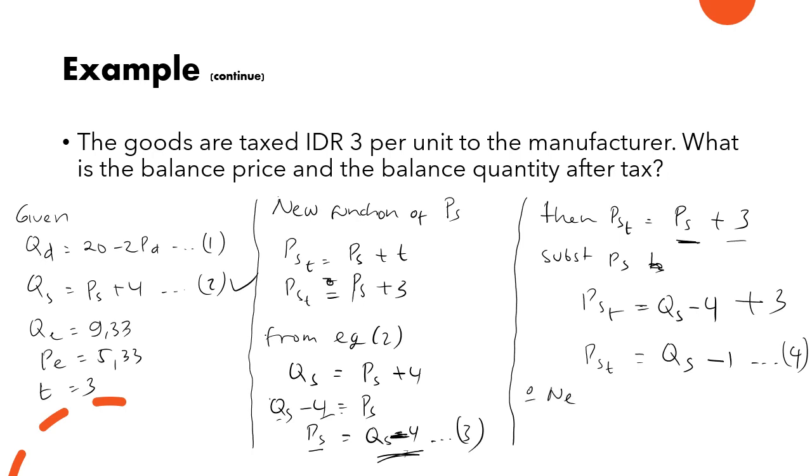Then for the new equilibrium, the same as the previous one, you can use Q equals Q, or P equals P. So we have PST equals QS minus 1. Now we can change it to QST. What is QST? Minus 1 goes to the right side, then this becomes plus 1.